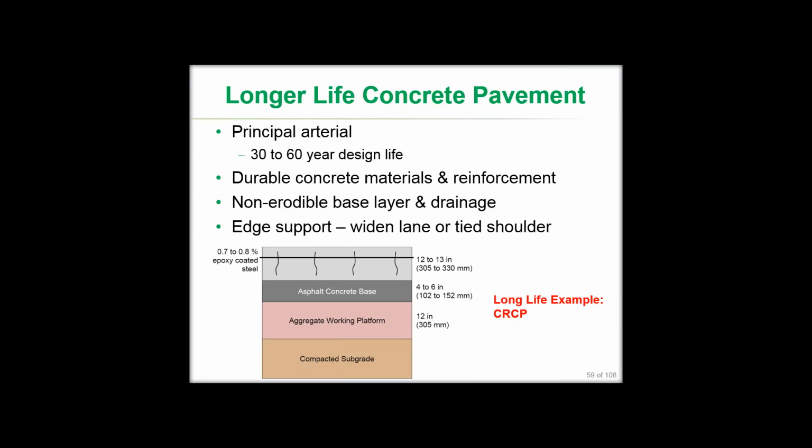And as stated by Tom, we can still use recycled materials, but this has to be more carefully assessed in the design and testing phase to make sure these materials do meet the durability requirements. The long life nature of these, and you could use a long life jointed plain. I'm just showing a long life CRCP in this case. Other features that need to be considered are drainage for the pavement, erodibility of those support layers, the shoulder conditions, or the shoulder types, or the edge support conditions.